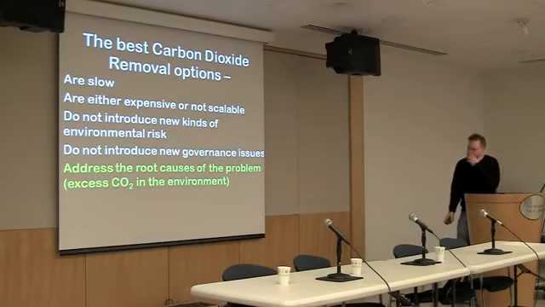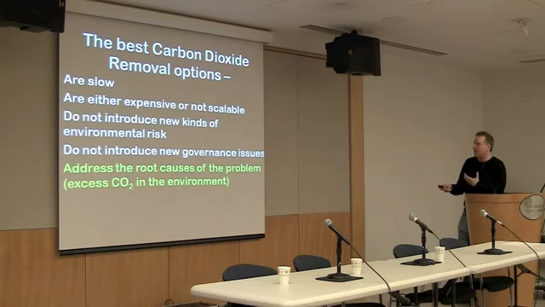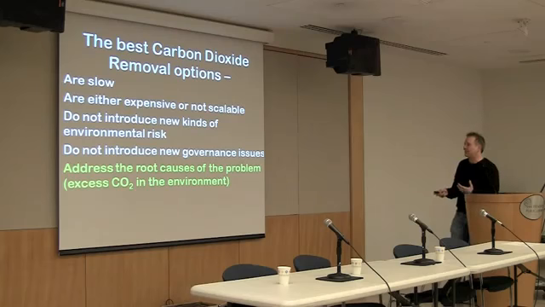These are very different. Those carbon dioxide removal options tend to be slow. They tend to either be expensive or not scalable, so there are some things that might be cost effective and deal with some percentage of the overall problem, but not scalable enough to solve the whole problem.